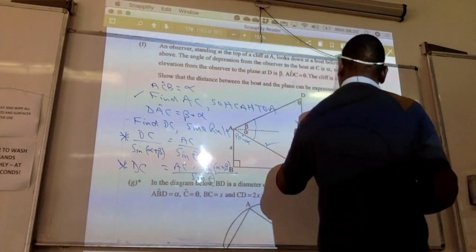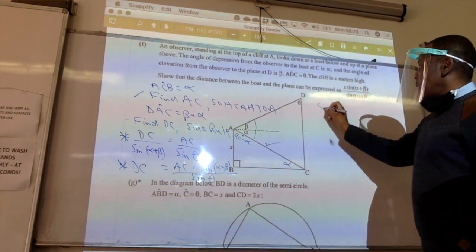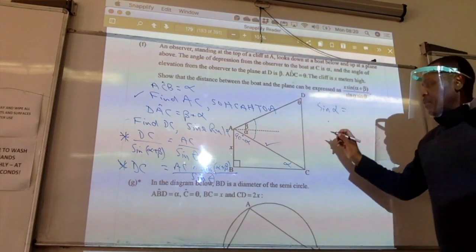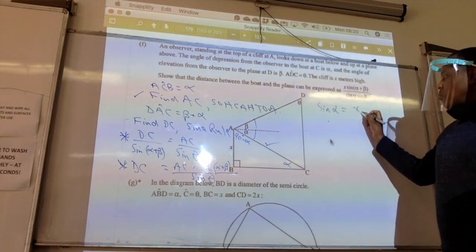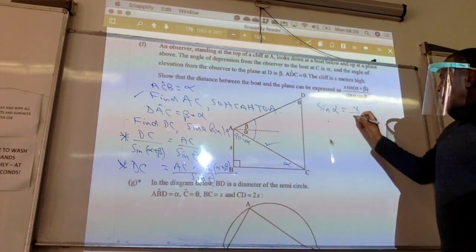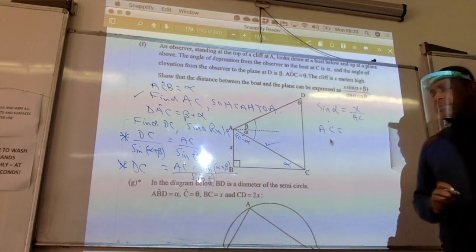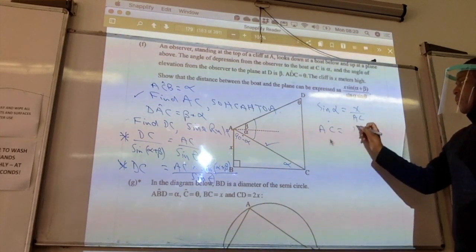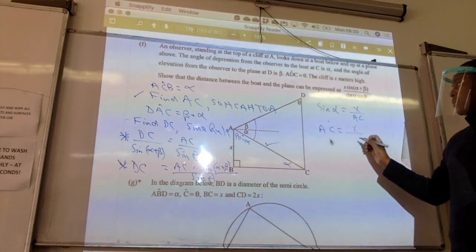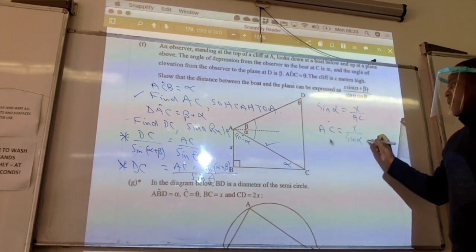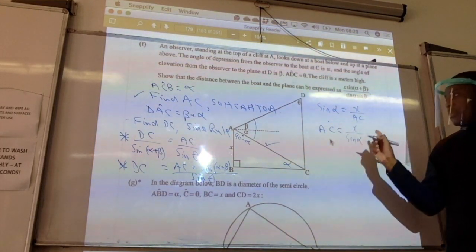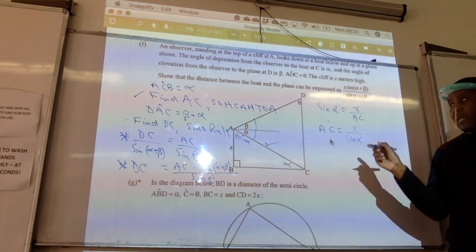Sine of alpha is equal to x over AC. So what is AC? If you rearrange this, AC will be x divided by sine of alpha.